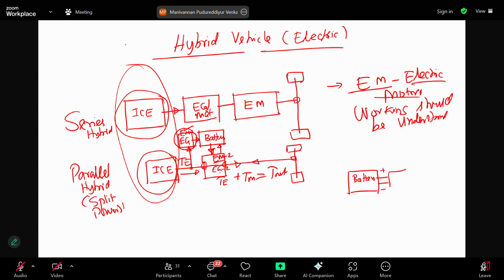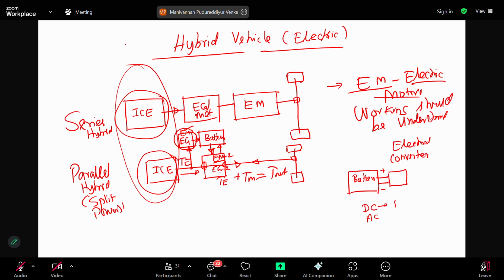This is given to what we call an electrical converter. We'll see what it is. The electrical converter will generate the required type of electrical energy. Correct? There are two types of energy, DC and AC.